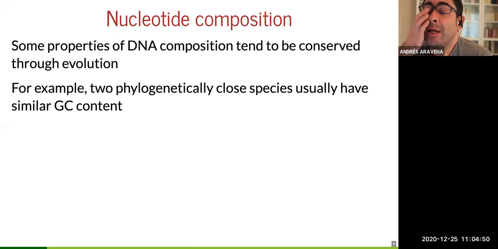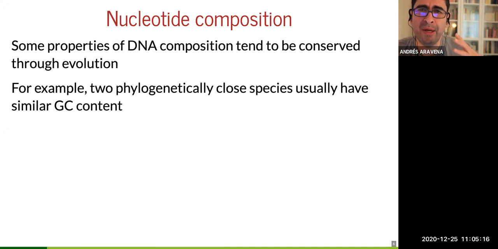Okay, so the philosophy here is that when two organisms are similar, are evolutionarily close, let's say you and your brother, you will share a lot of things. Of course they have differences, but 99.99% of the genome is going to be the same.